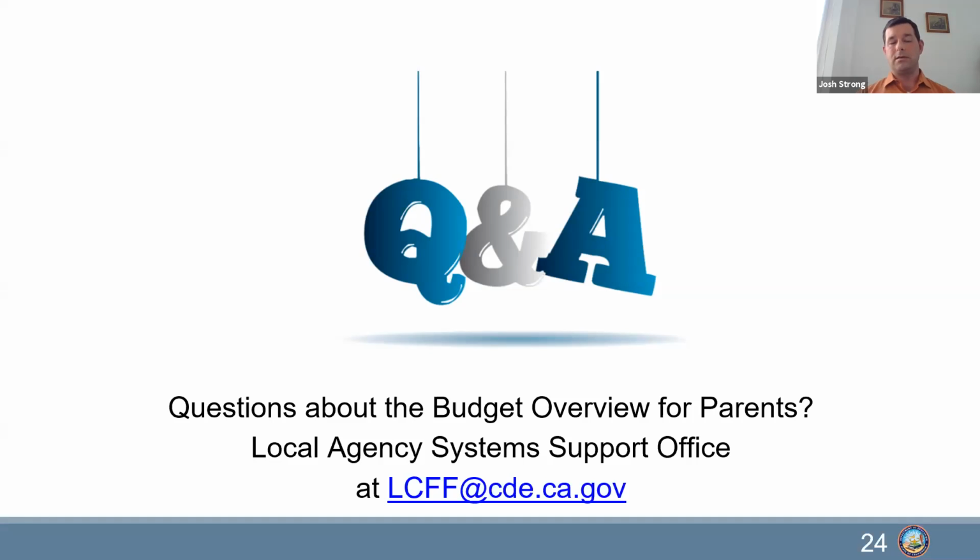Instead, post it on the same web page as you have the learning continuity plan posted, and if you have a LCAP federal addendum, that as well. LCAP federal addendum requirements under 820, if you need more information about that, you can email lcff@cde.ca.gov.